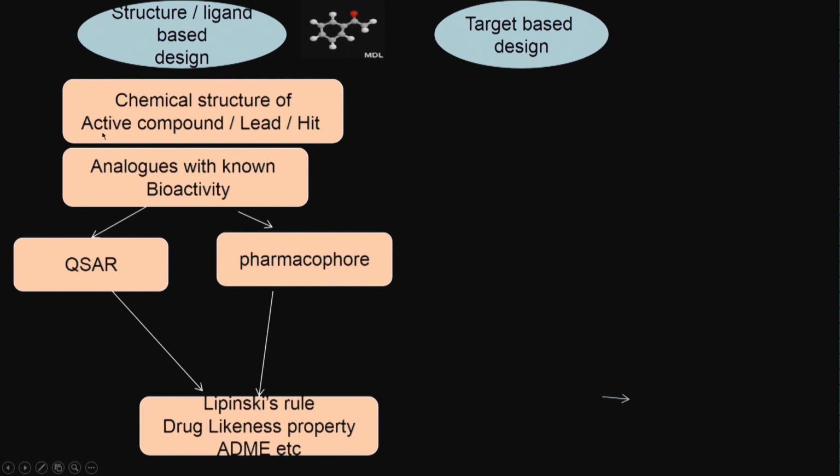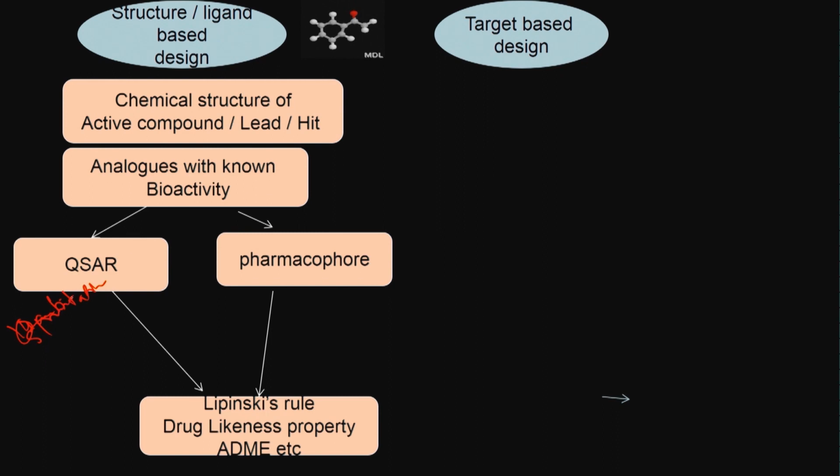Okay, so in the past many classes we did look at some of these things, right? How to screen based on Lipinski's, how to screen based on drug likeness, and then how do you identify the structural similarities. But we are going to spend a lot of time later on QSAR, that is quantitative structure activity relationship.